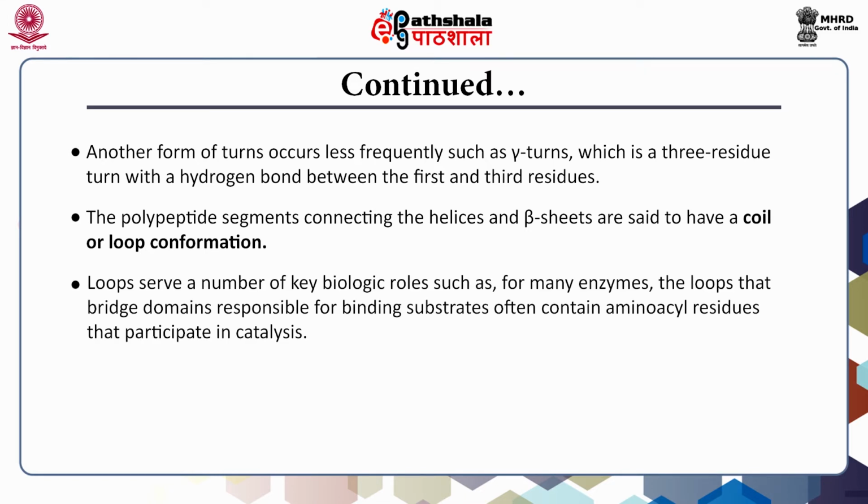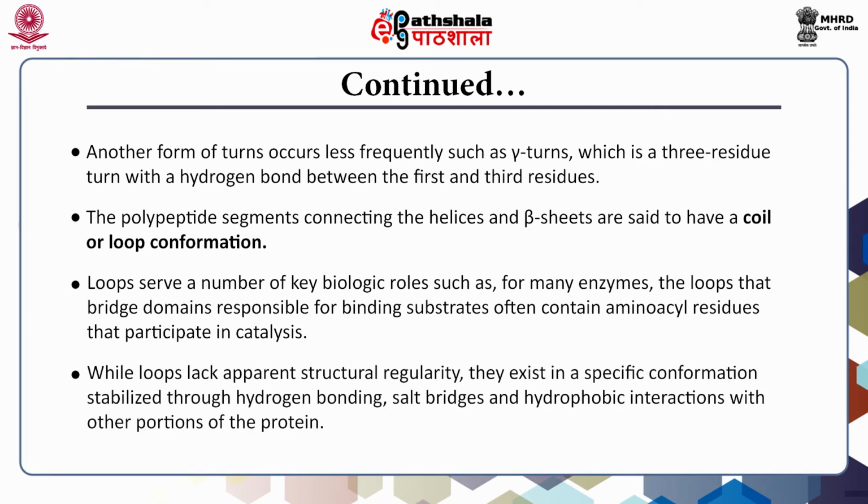For many enzymes, the loops that bridge domains are responsible for binding substrates, often containing aminoacyl residues that participate in catalysis. While loops lack apparent structural regularity, they exist in a specific conformation stabilized through hydrogen bonding, salt bridges and hydrophobic interactions with other portions of the protein.